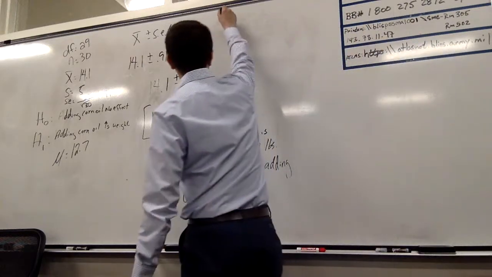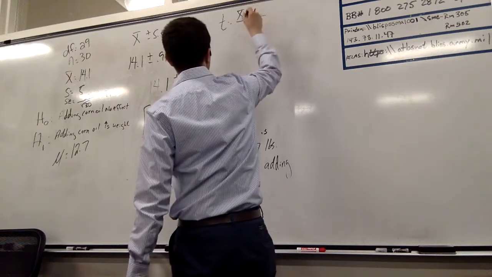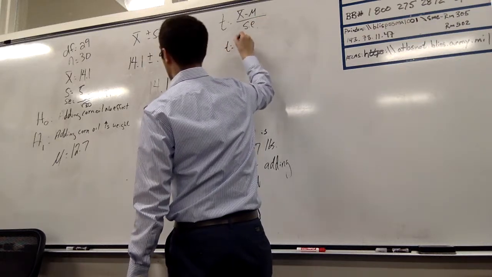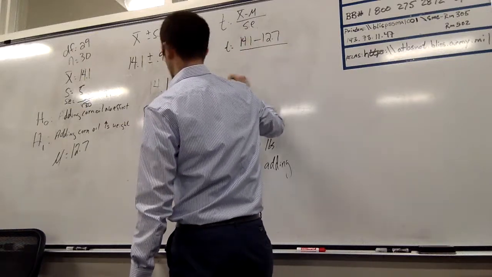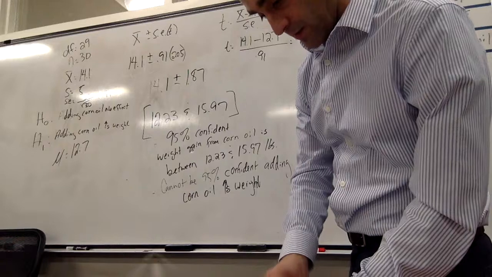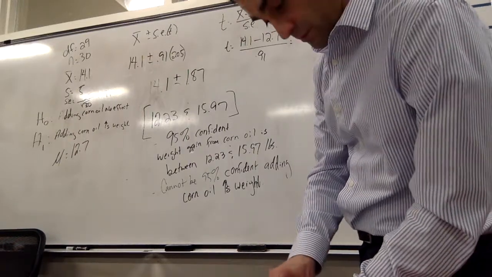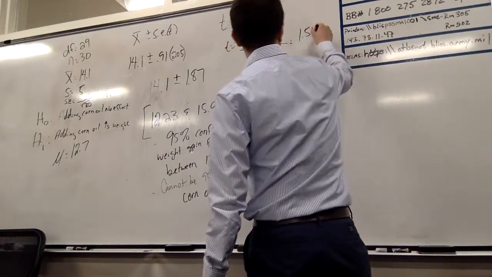If you'd done a T, the x bar minus the comparison figure mu over the standard error, you would have gotten 14.1 minus 12.7 over 0.91 for a T of 1.54.